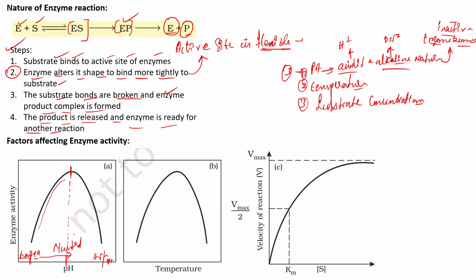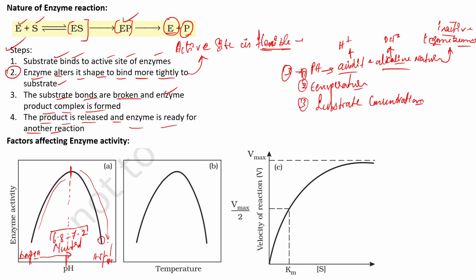The best activity ranges from around 6.8 to around 7.2. This is the pH range where very good activity of the enzyme is observed. However, if the pH goes on increasing and becomes high pH, more basic in nature, the curve again decreases, and finally at the highest pH level, the activity is completely nil.